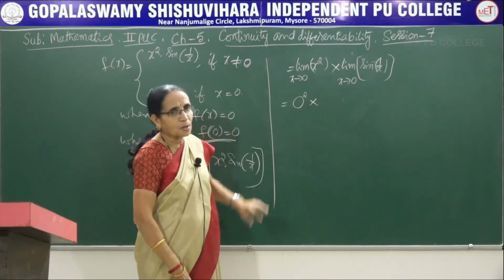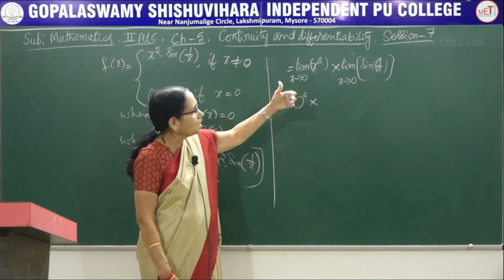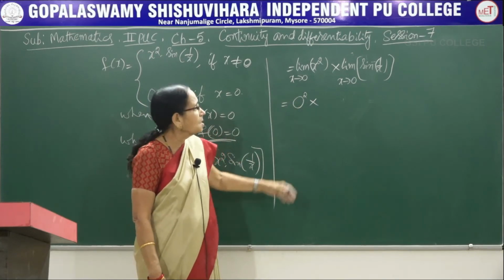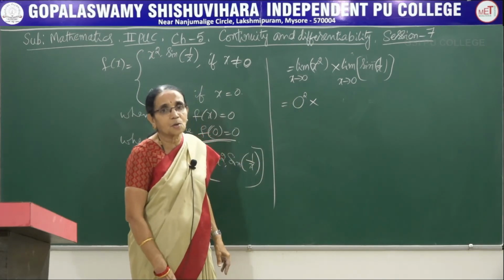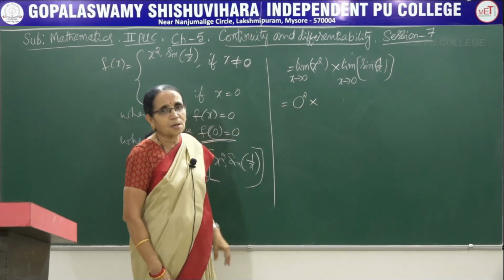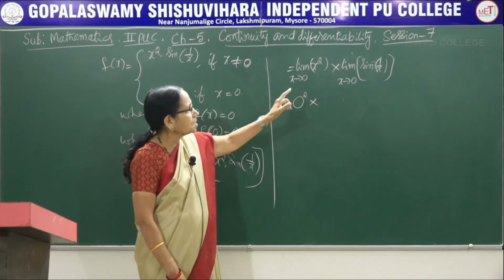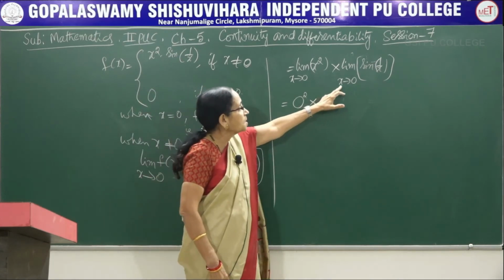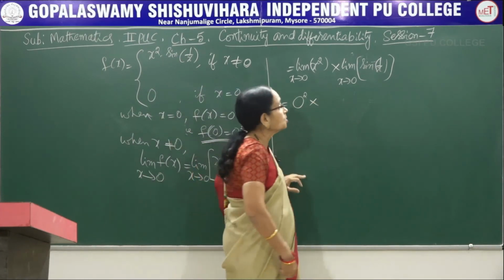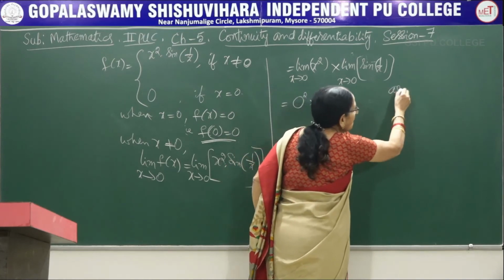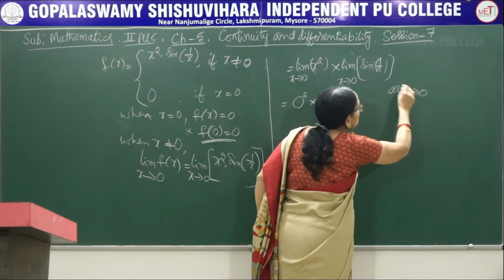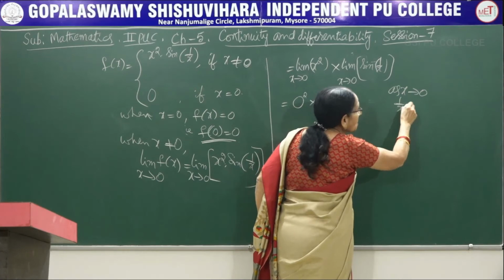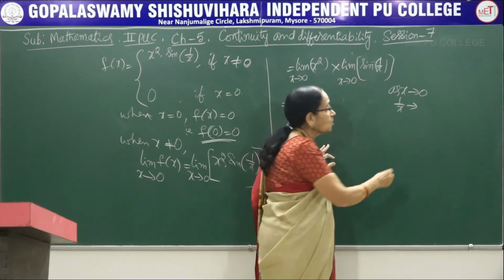See, come to the other one. Suppose I had the sine x function here. Sine 0 is 0, I could have written 0 there. Now, let me argue here. The term is sine of 1 by x. How is x tending here? x is tending to 0. So, as x tends to 0, I am having the term 1 by x. How does it tend?